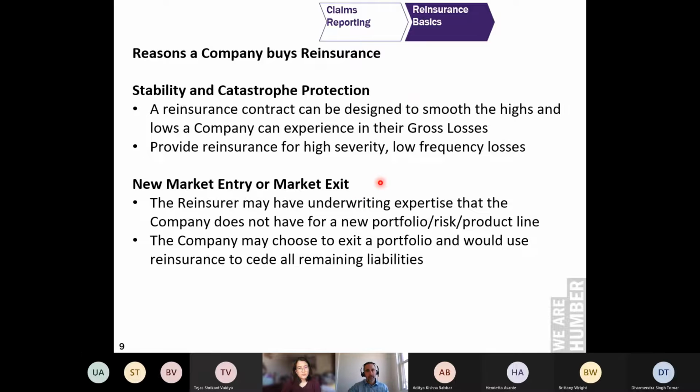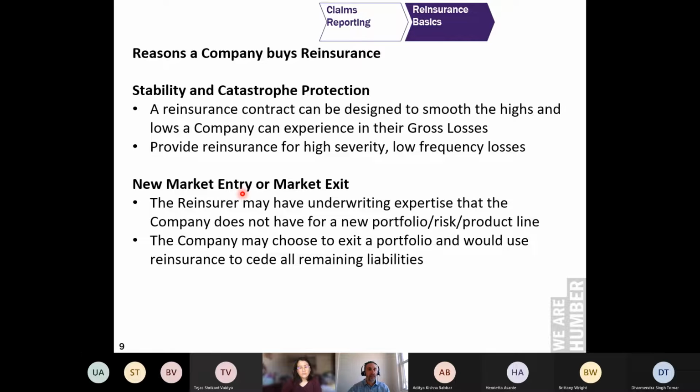So the last reason we have here is, if they wanted to enter a new market, like a new line of business, or they could use reinsurance to exit a product line. A couple of reasons this would come up: if the reinsurer has expertise and would truly act as a partner with the insurance company, the insurance company would be able to sell a policy which the reinsurer helps price.